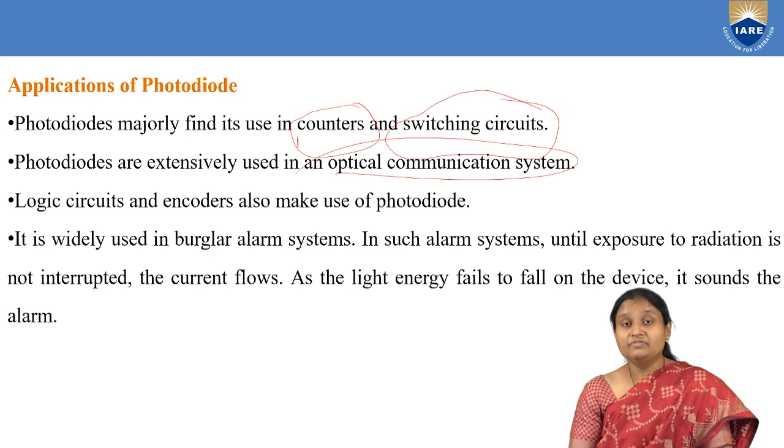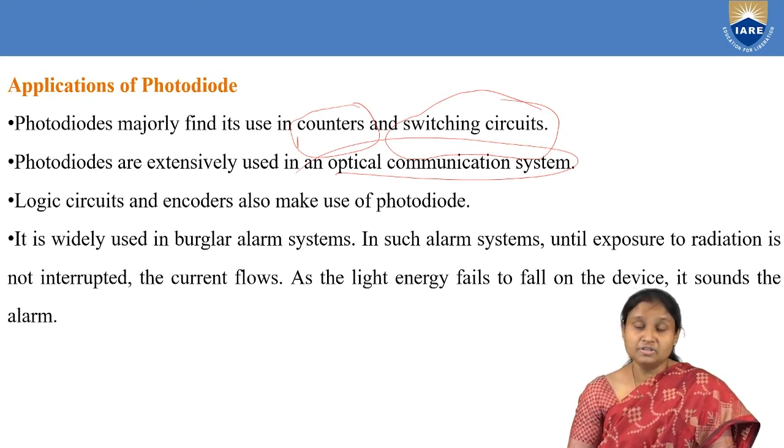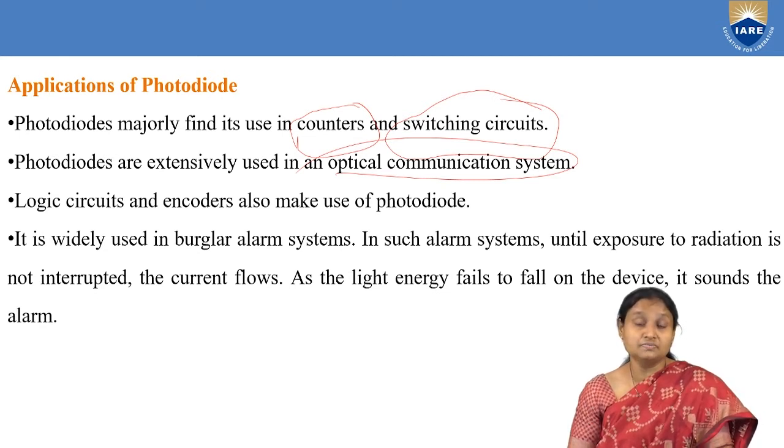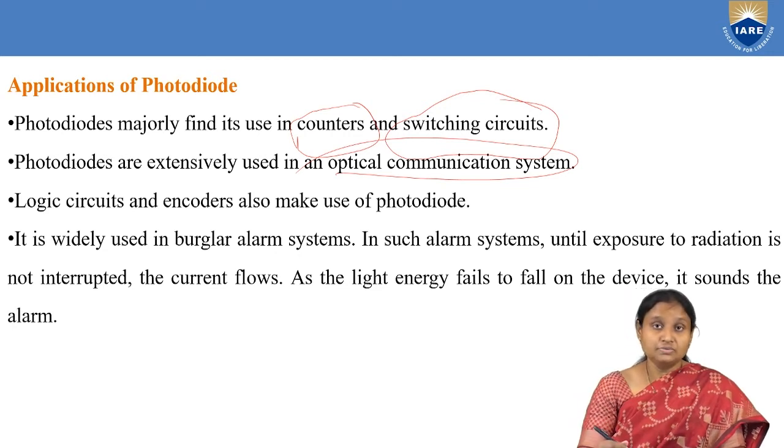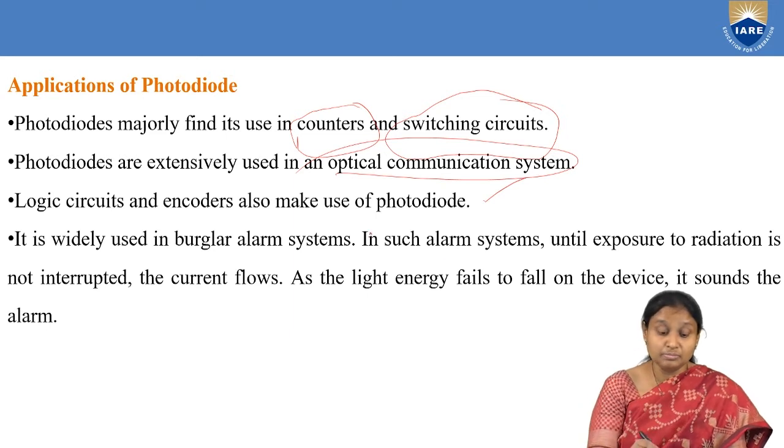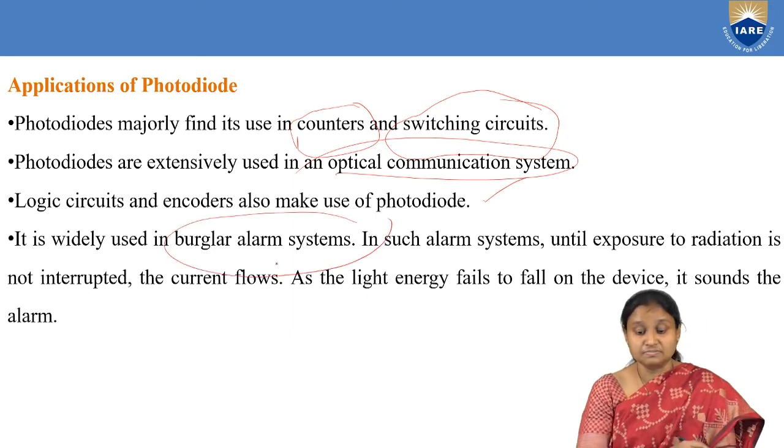After the information is transferred through optical fibers, at the other end of the optical fibers we go for the photodiode, which converts our information from optical form to electrical form. They are also used in encoders as well as logic circuits, and they are used in burglar alarm systems.